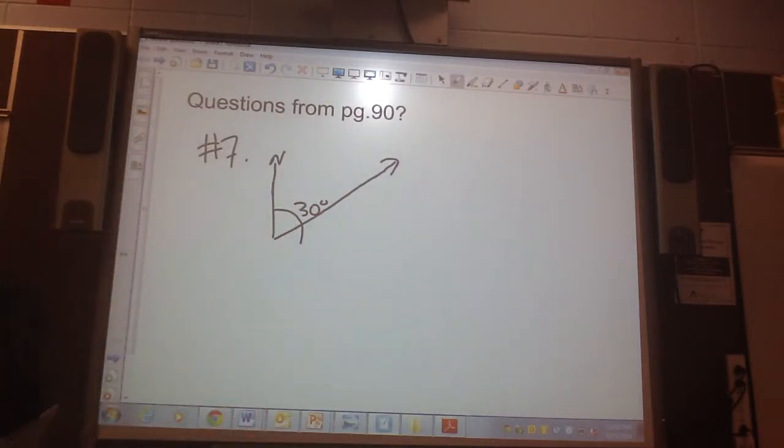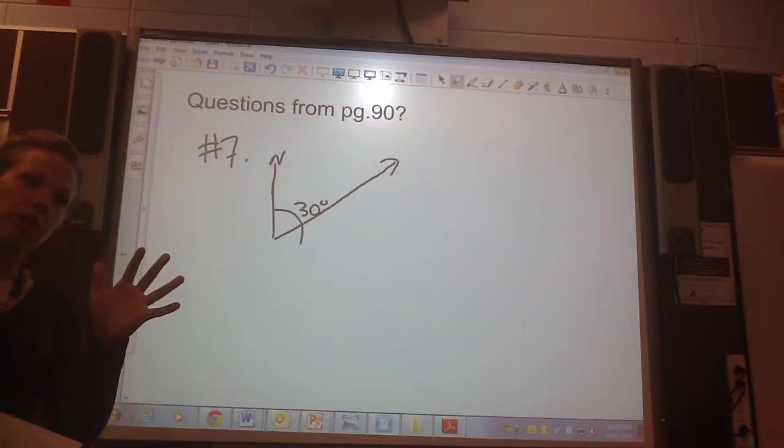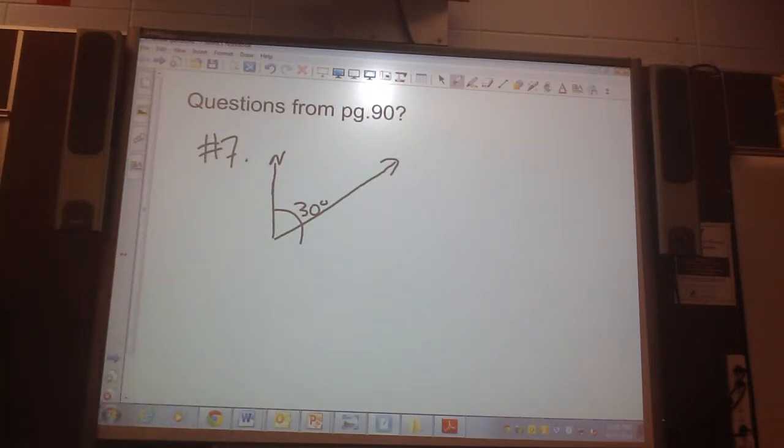Oh, and I did ask Mrs. Goodall about, some of you were kind of confused about the 90, 180, 270 reference. She said that when you guys learned the different method where it went backwards, that's in reference to your trigonometry functions and how sine and cosine and tan are graphed.